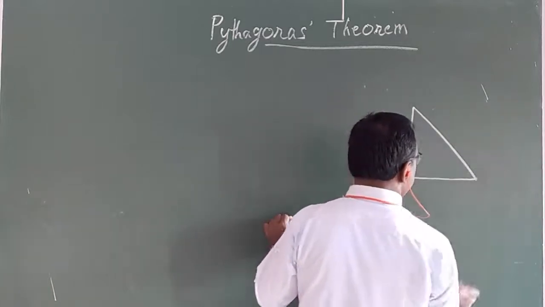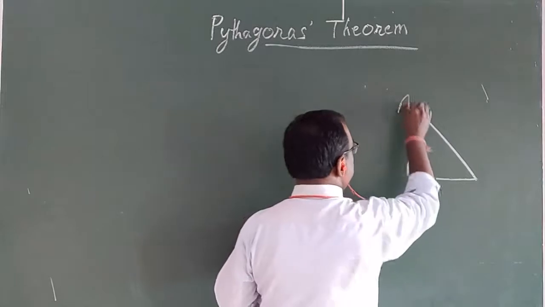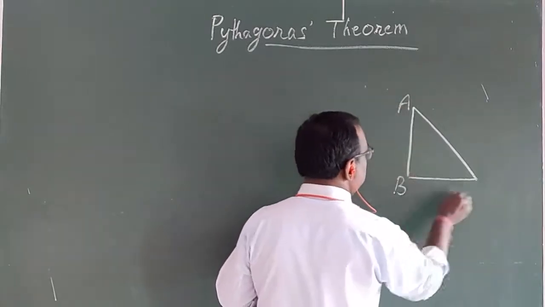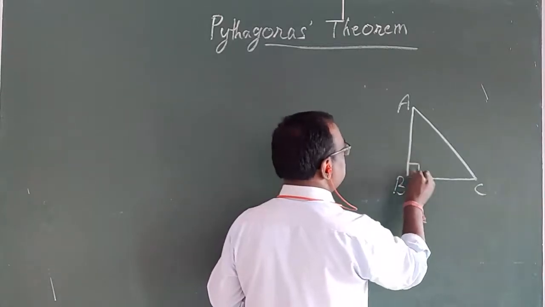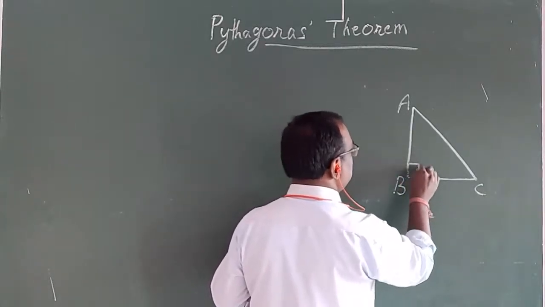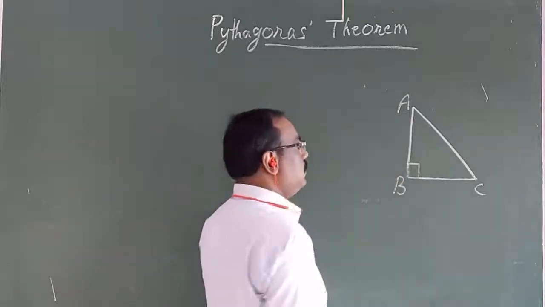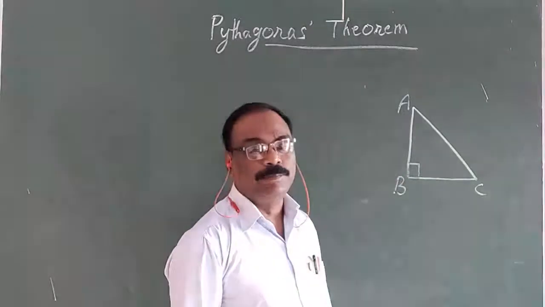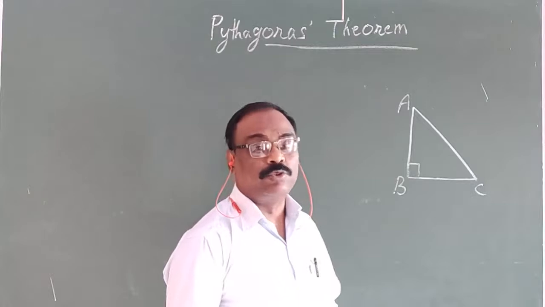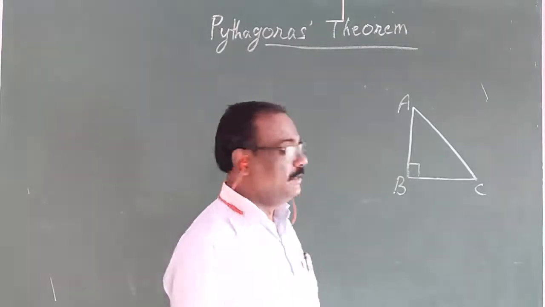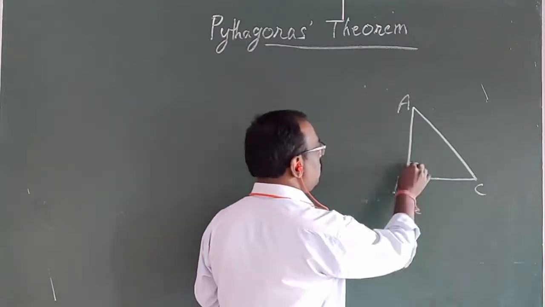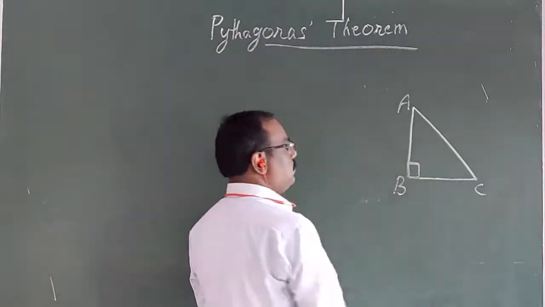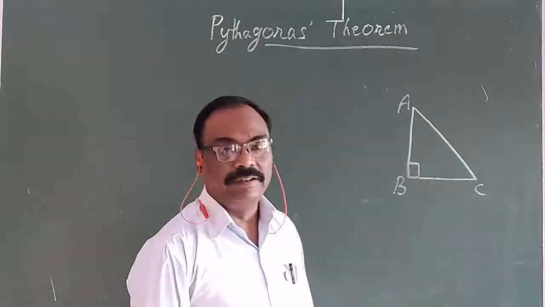So here I have drawn triangle ABC, and at B it is a right angle, meaning 90 degree. Wherever you see this symbol, a square is made, that angle shows that it is 90 degree.